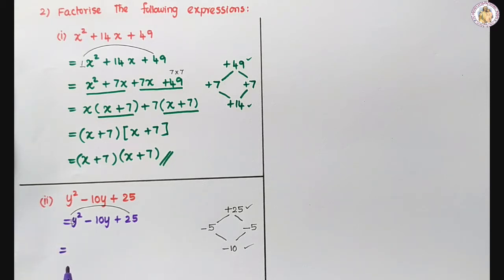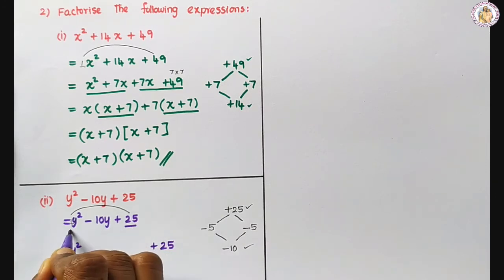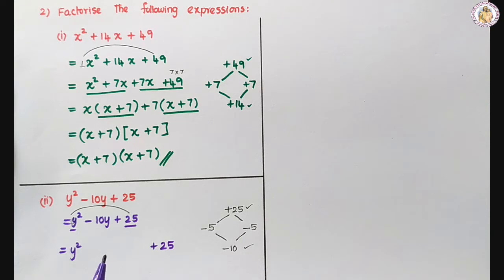Next step: y squared plus 25, write down as it is. Minus 10y is split into minus 5y minus 5y. Now take the first two terms and the second two terms.